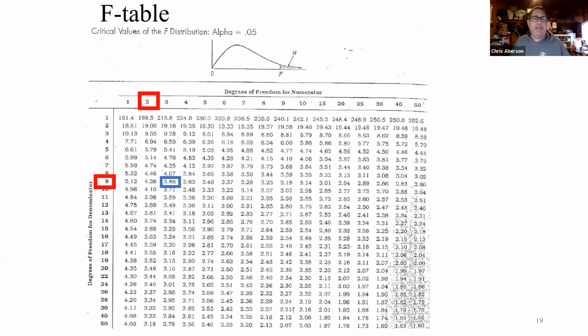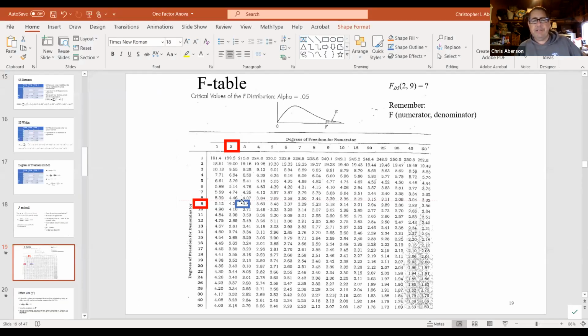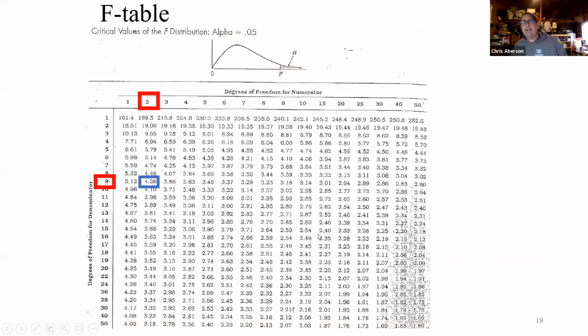Now, if you want to see how we used to do it way back when, I take the F table, and I've got the wrong value represented here. Let me scooch that over for you. So we take our different degrees of freedom, 2 and 9.